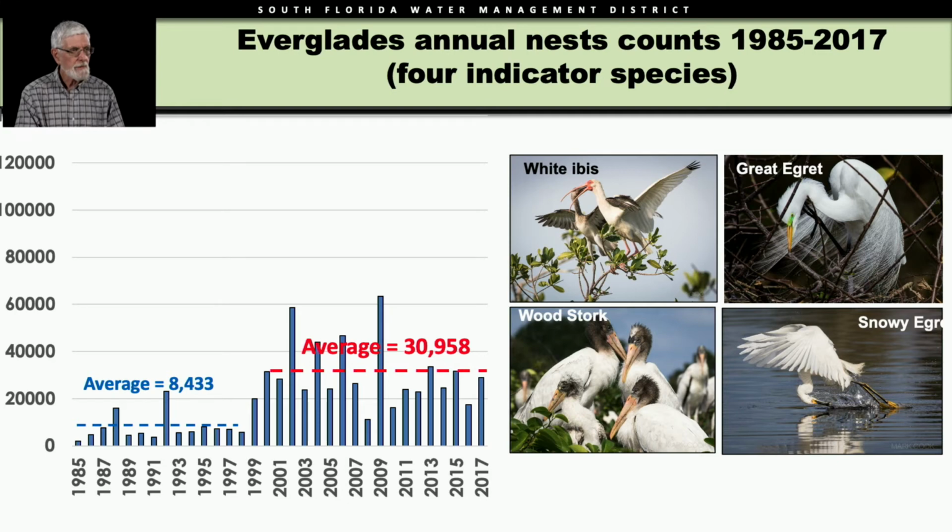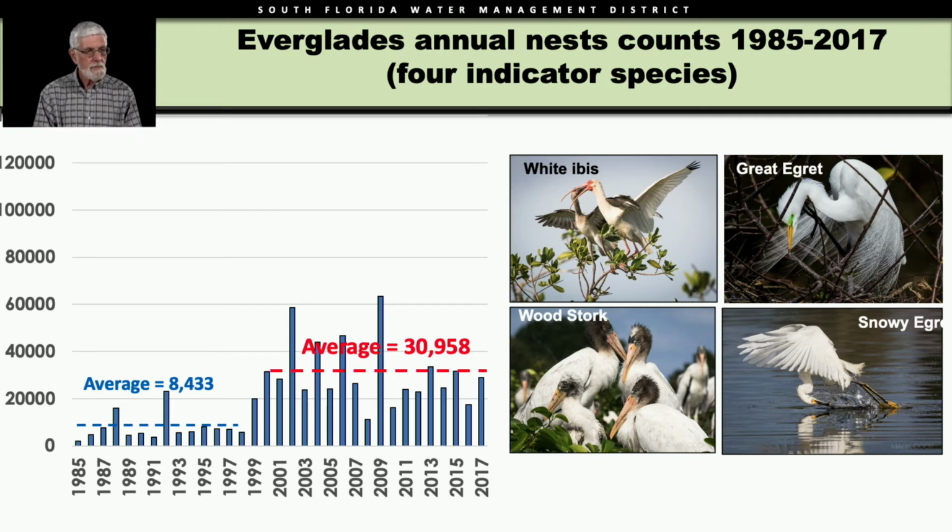Now, I want to focus a little bit on the wading birds. These 4 species here are indicator species for SERP, and we are trying to restore the supercolonies that existed historically. If we go back to 1985, we see that the average nesting counts were only 8,000.